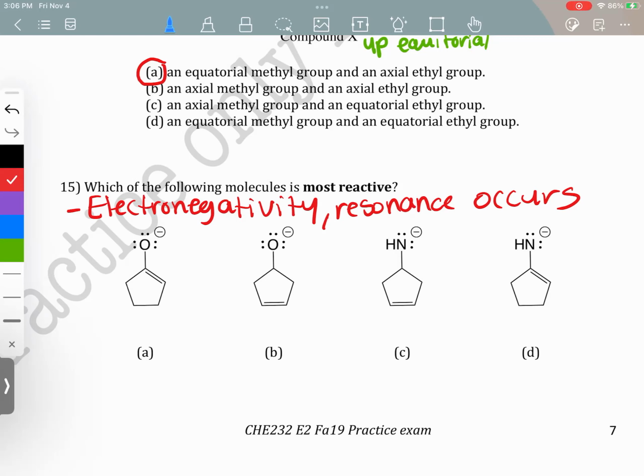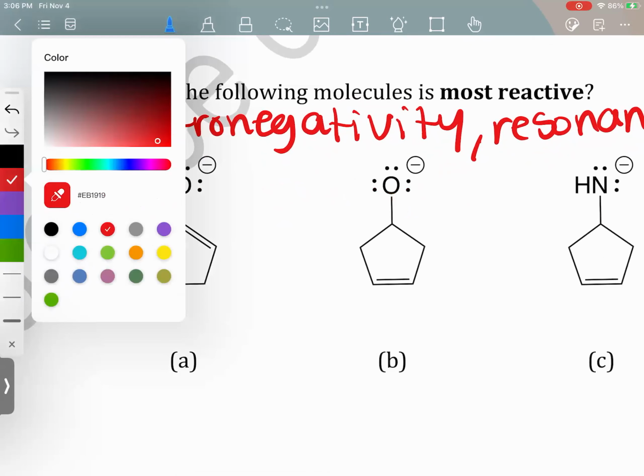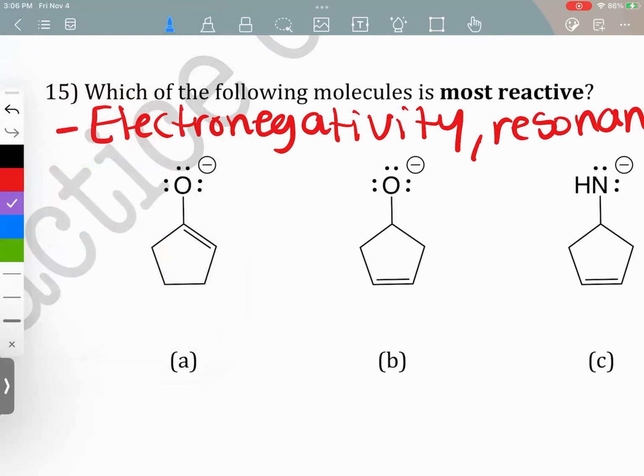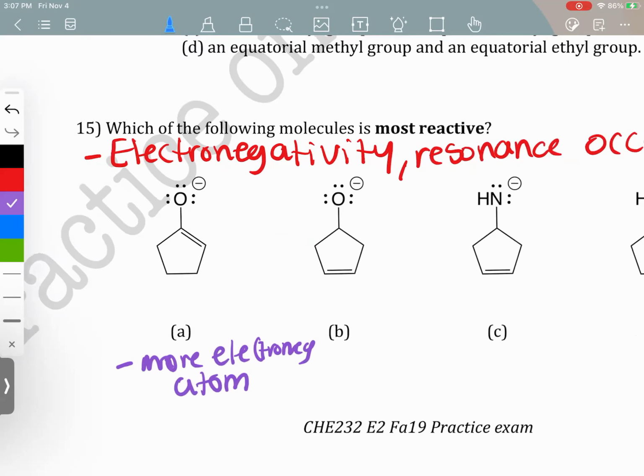A, is this the most reactive molecule? Do you think A is very reactive? No. Why isn't it reactive? What do we see? The double bond. So we do see that the negative charge is on a very electronegative atom, because of that oxygen, and we can resonate.